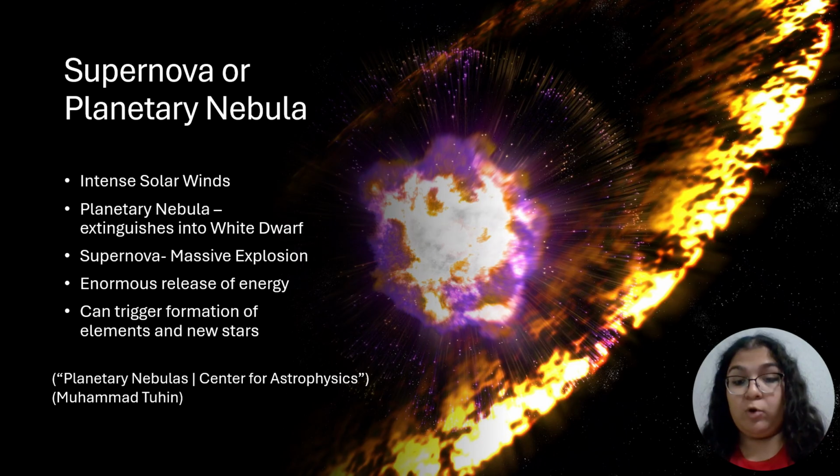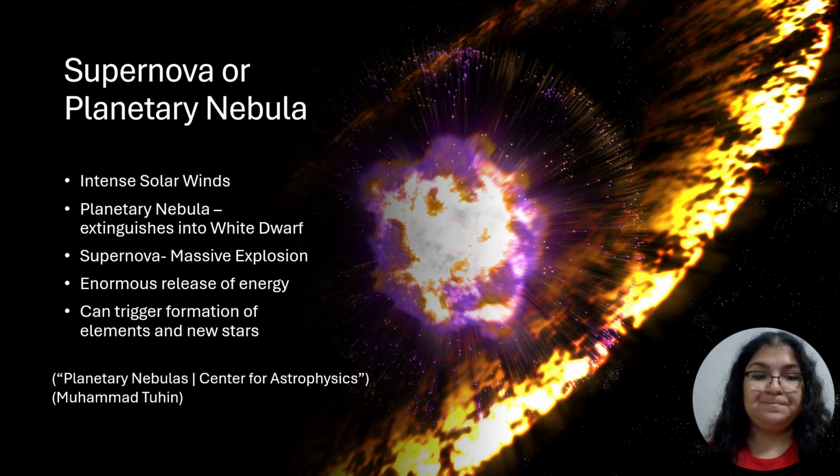Or if it is a more massive star, the outer layers are expelled all at once in a violent and humongous explosion called a supernova. So this will send waves of energy, just like in the picture, all around the explosion. They will reach really far.